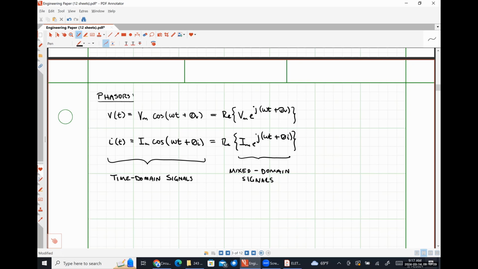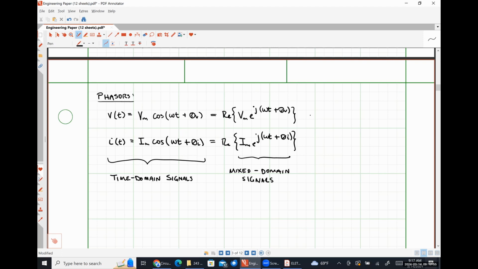This is something that I've just made up, because there's still an obvious dependency on time because there's a t in there. But we're leaning more towards the frequency domain, which is where phasors live and operate, okay? So this is kind of like an intermediary step to go from a time domain signal to a phasor, okay?